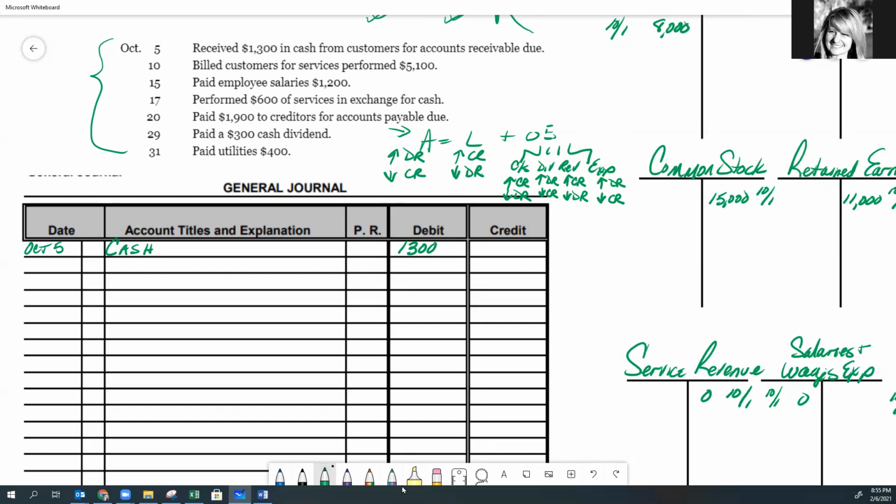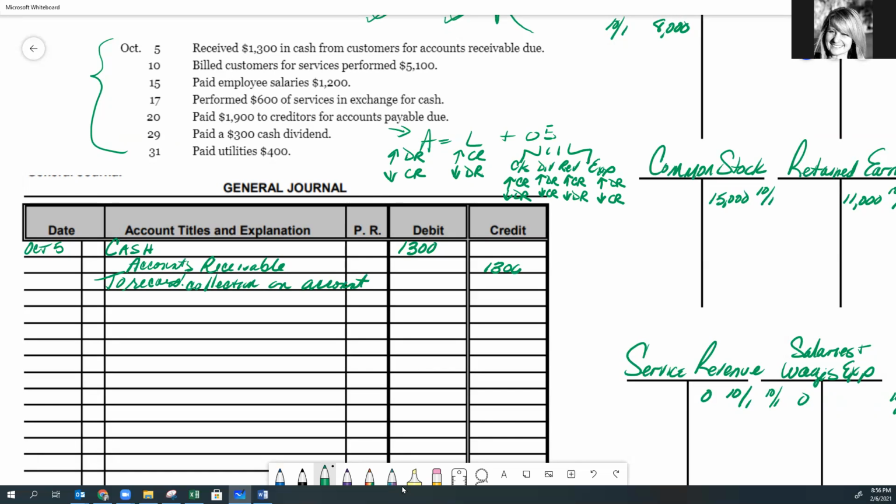So let's go ahead and credit our accounts receivable, making that asset go down. And now our journal entry balances.